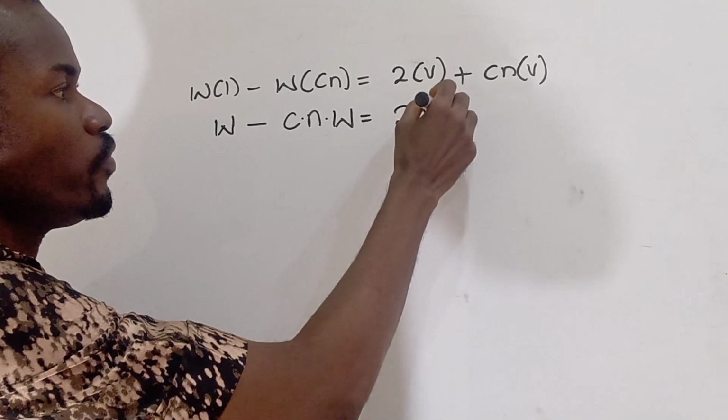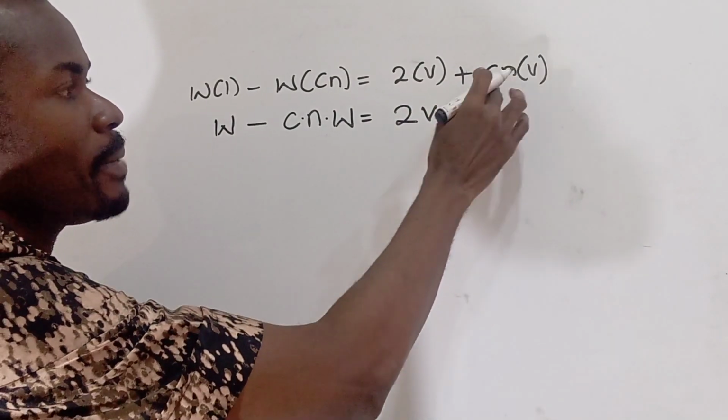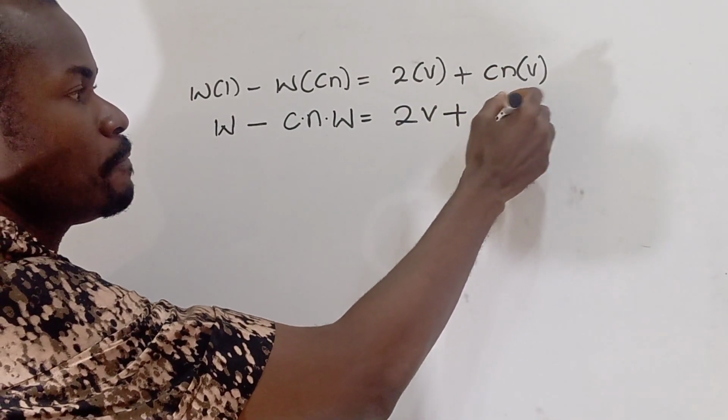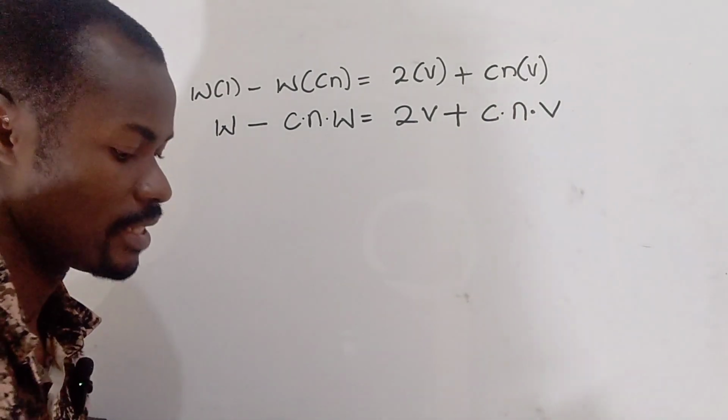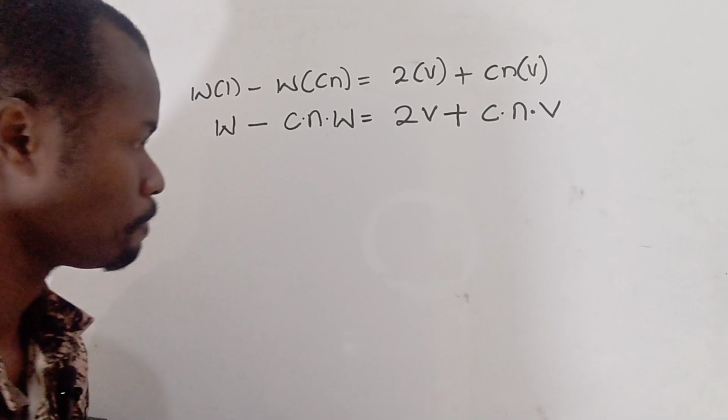This is 2V plus. What about this? We are going to have C multiplied by N multiplied by V. This is already in alphabetical order.